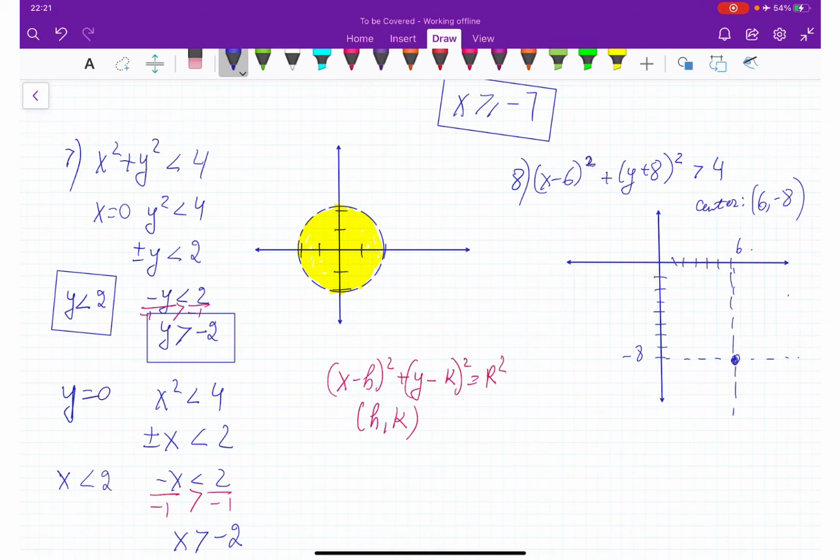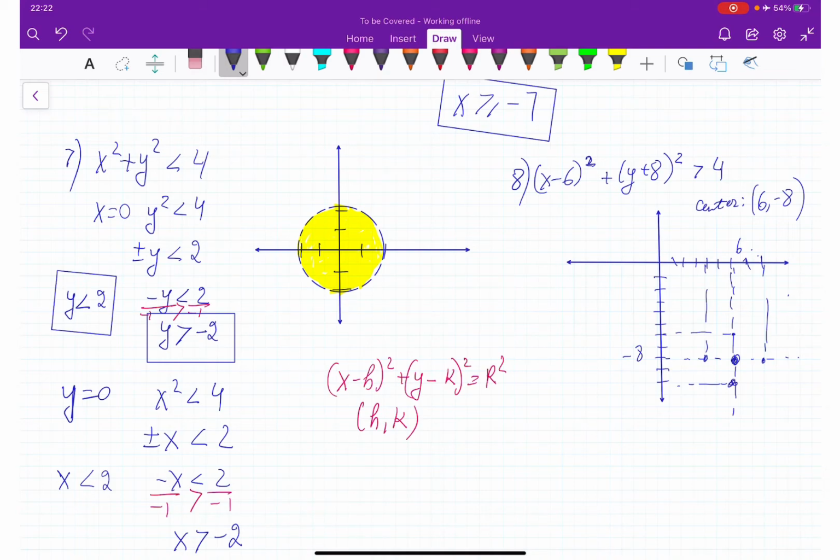It's going to be the center for the circle, and the radius is going to be 2, because it's r squared, 4, so the radius is 2. So if I go 7, 8, this one is going to be reduced. 4, this is going to be reduced, and 9, 10, this is going to be reduced.